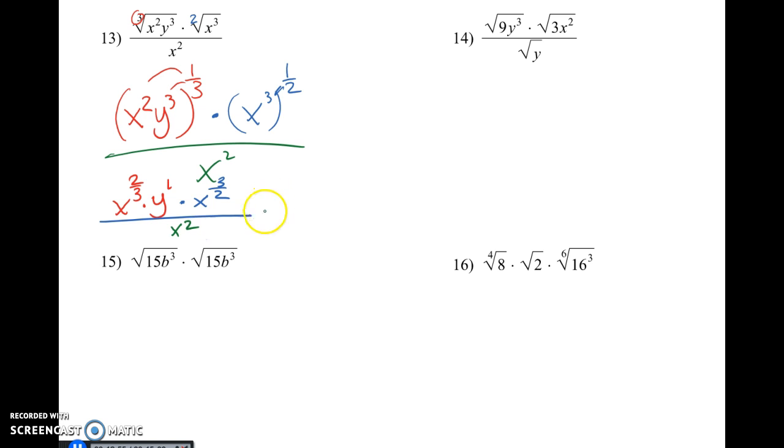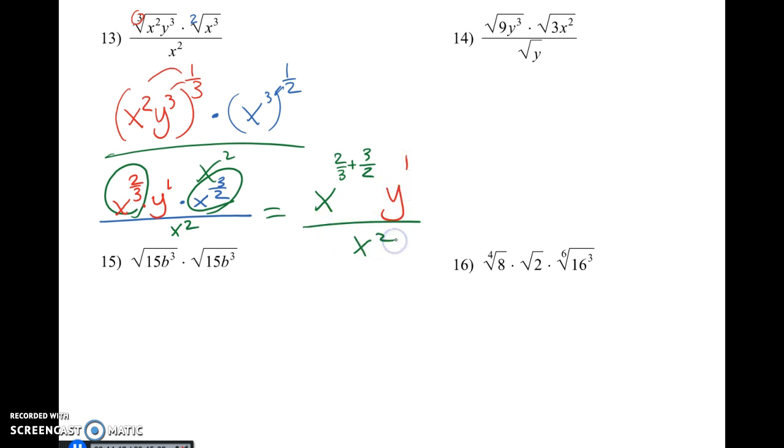I haven't done anything with the denominator here. So my exponents, I have, or my bases are x here, so can I add those exponents? Yeah, that's going to give me x to the 2/3 plus 3/2. Y I haven't done anything with, so y to the first. And that x squared on bottom I still haven't done anything with.